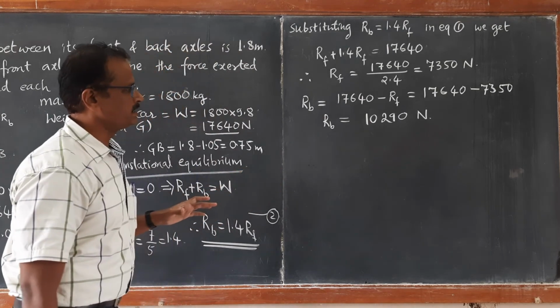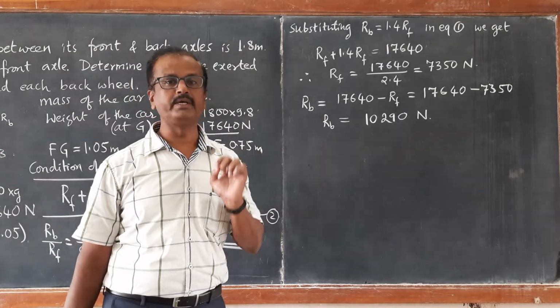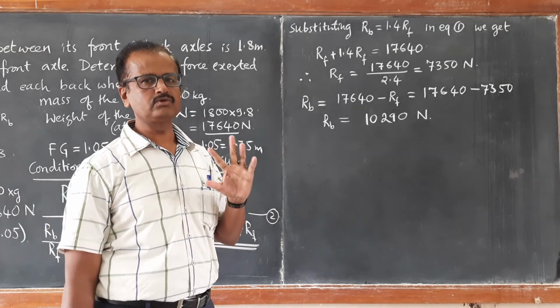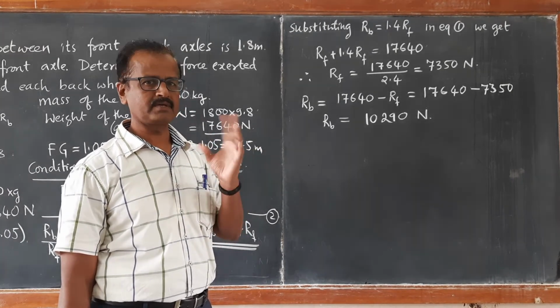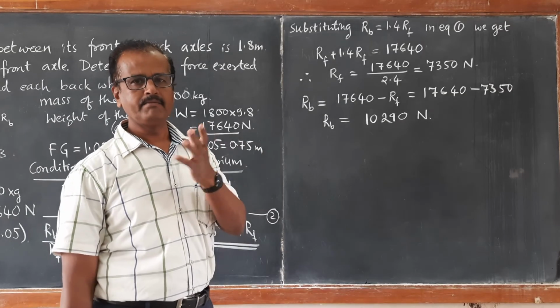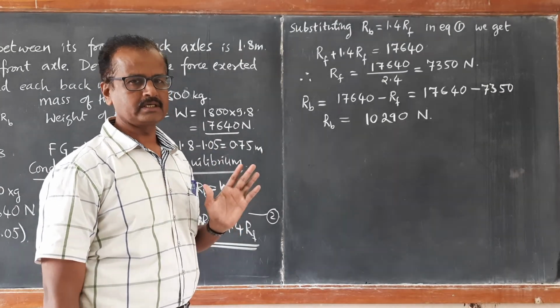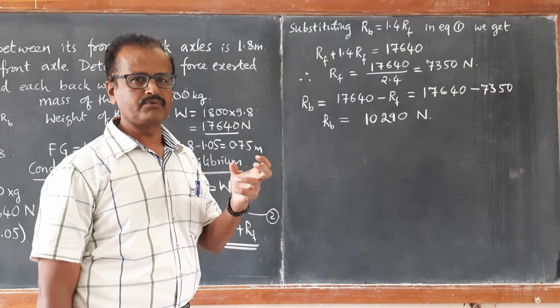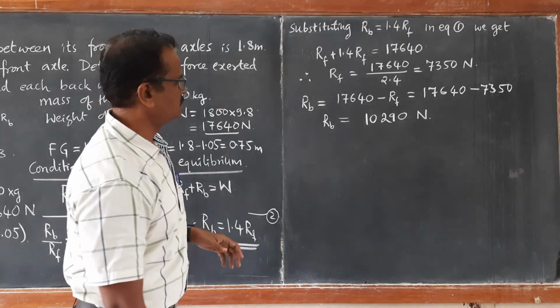Now, what is the reaction force on each wheel? Let us assume front wheels and back wheels, with two wheels each. For a car it will always be 2 front wheels and 2 back wheels.